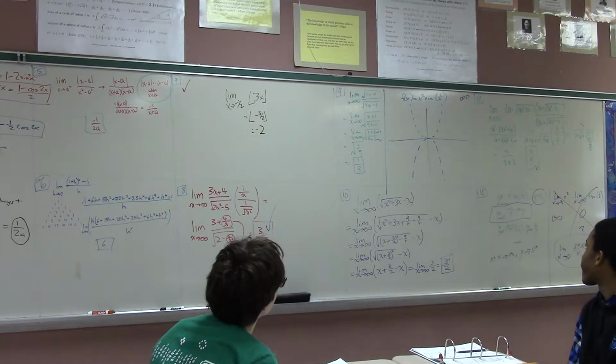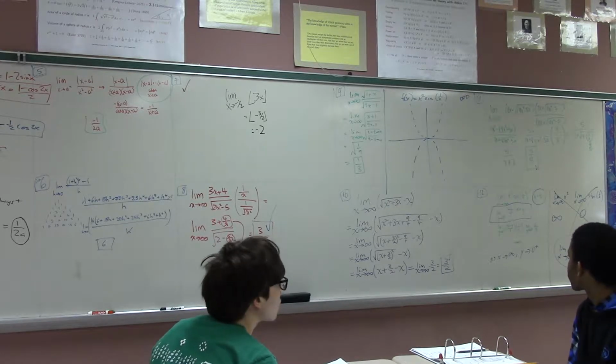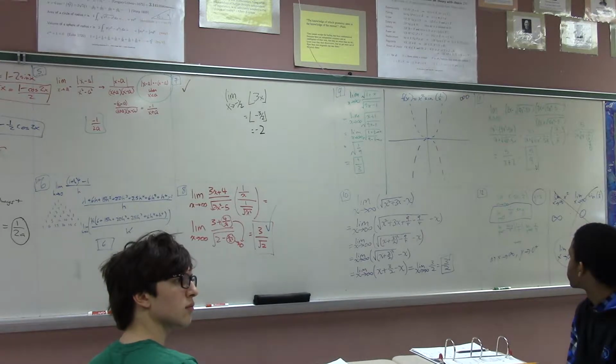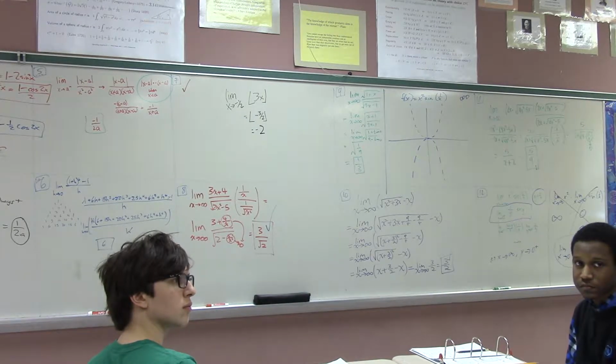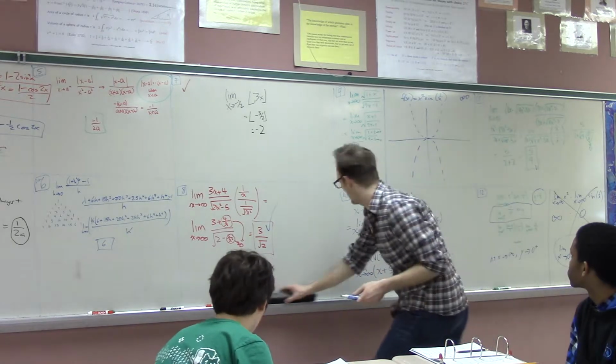Not only is the limit infinity, can someone say something actually even deeper about what this function looks like? What does this function look like as x goes to infinity? It looks like y equals x, says Buses. Yeah, I agree.